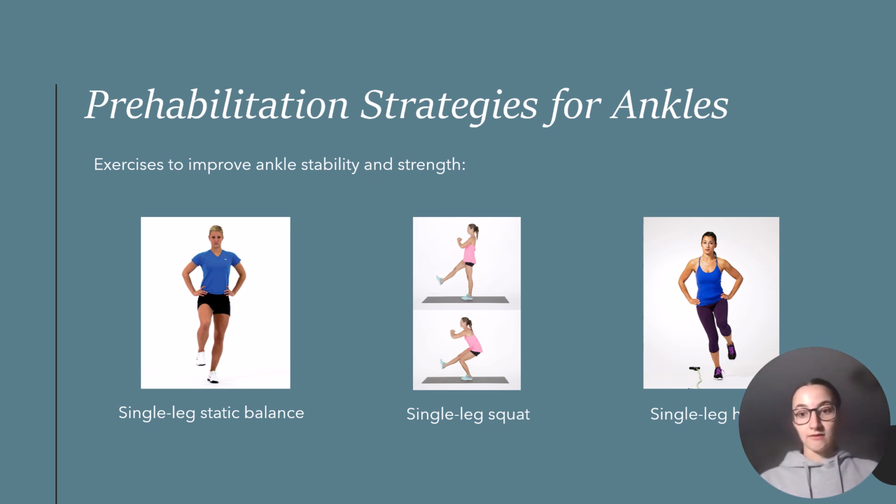Single leg allows the athlete to focus directly on that particular ankle. Having all that weight on that foot is going to be huge for strengthening that individual foot, which is going to make a very big difference.